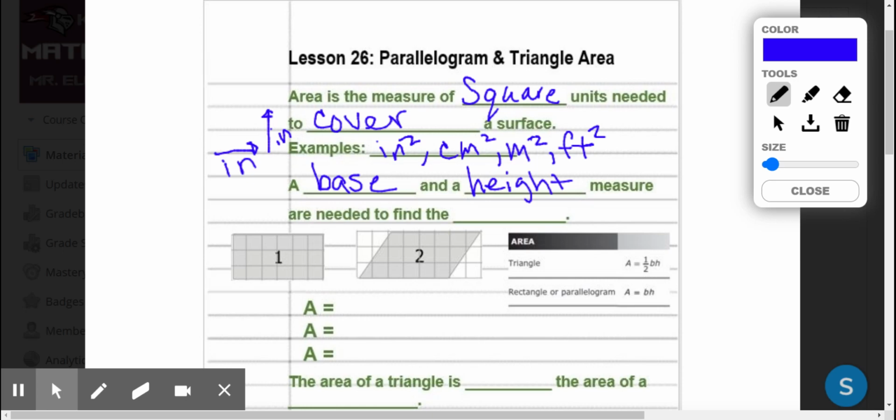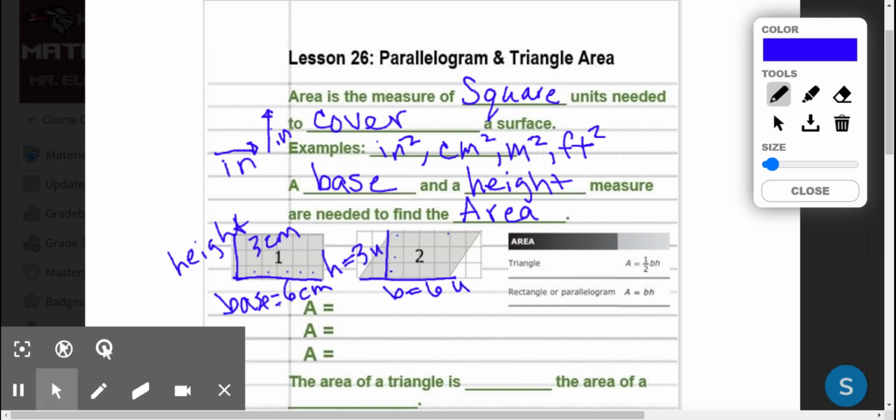Now we're going to switch to the base of the shape and the height of a shape. And that's what's needed to find the area.